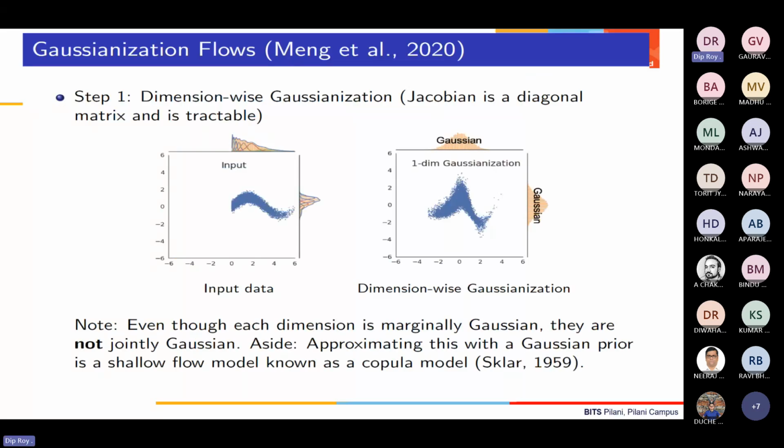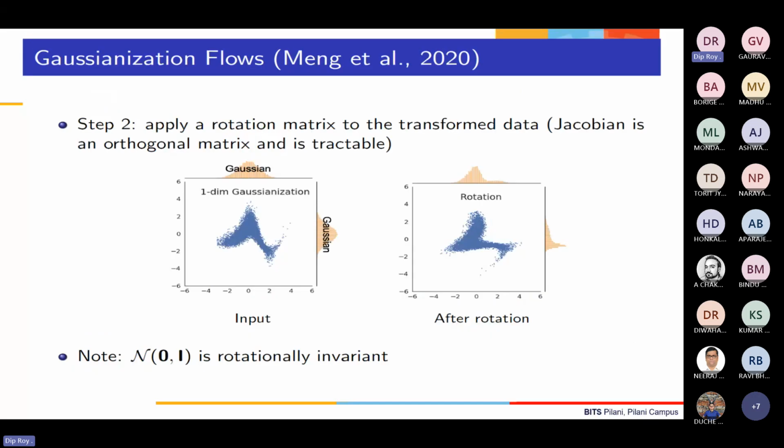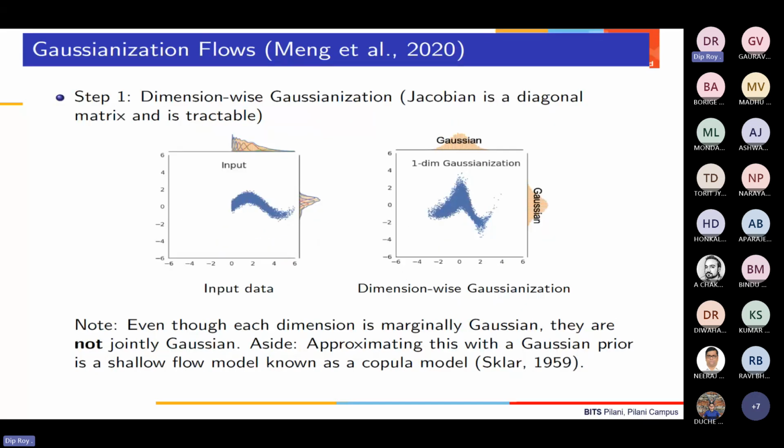Now, let me show you an intuitive picture and probably it will be clear to you. Step one: the first thing that we are going to do is make each dimension individually Gaussian. This is two-dimensional data, dimension 1 and dimension 2.